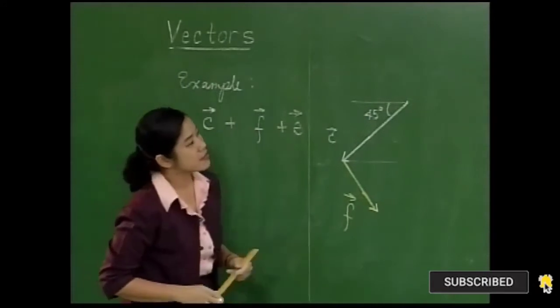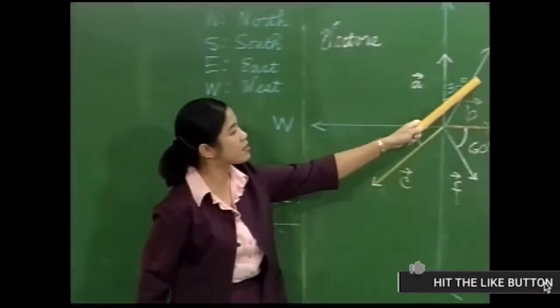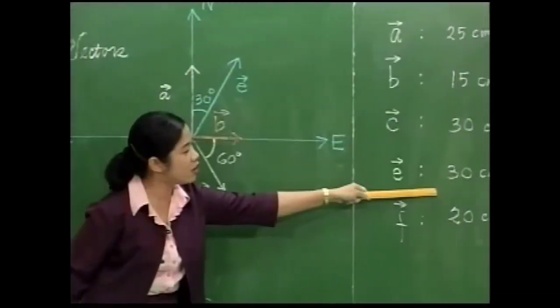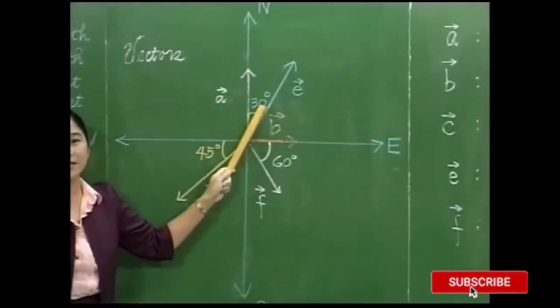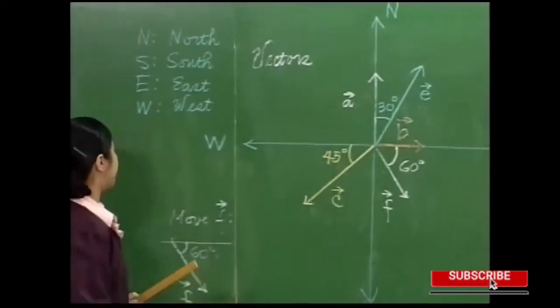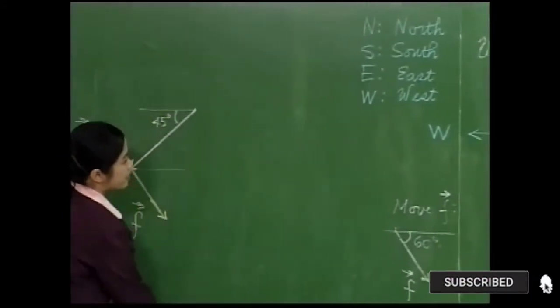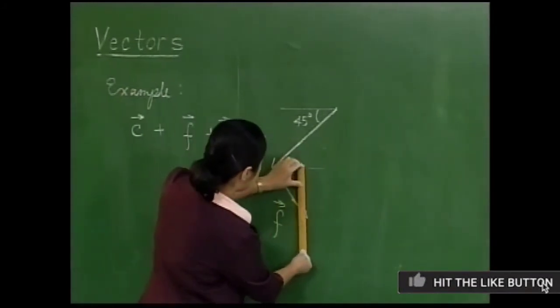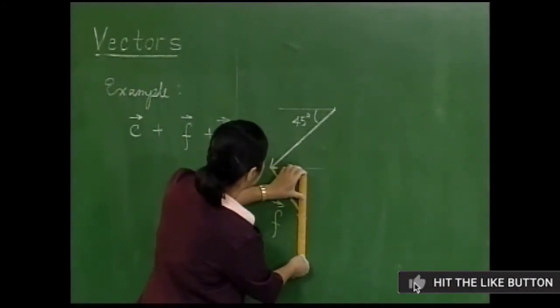Next vector, vector E. We will add vector E. Vector E is 30 centimeters long and the direction is 30 degrees east of north. So again, this time I look at a vertical reference point. That's how I will measure my angle.